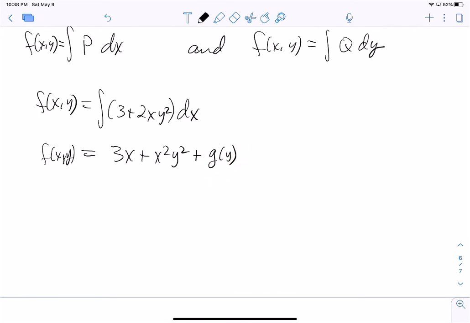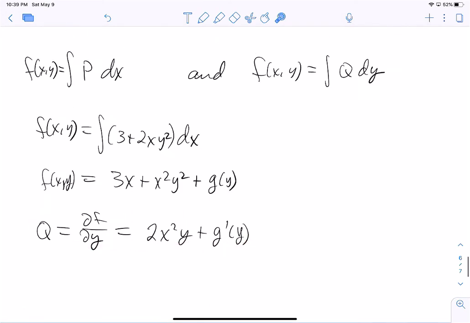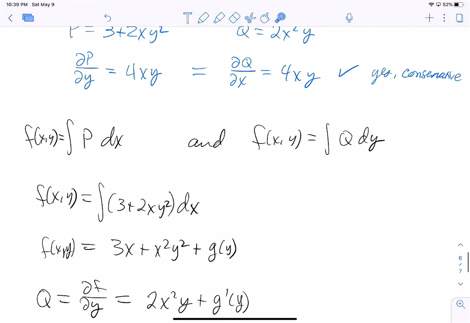What he says is, well, Q now is the partial of f with respect to y. And so if I then take what we just got and partially differentiate it with respect to y, then first I'll have 2x squared y plus g prime of y, because we differentiated with respect to y after all, and so g of y differentiates to g prime of y. What we then do is we compare what we just wrote down with what we know Q to be, and we see that Q was given to be 2x squared y.